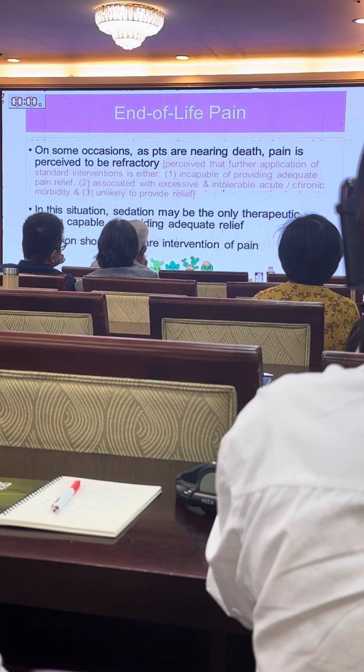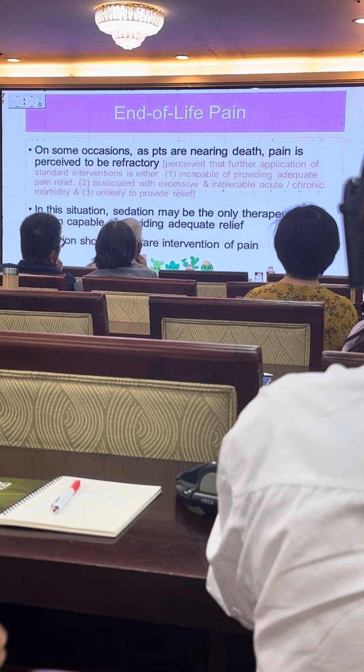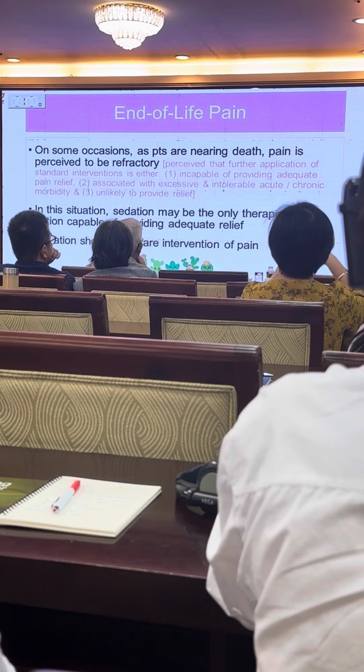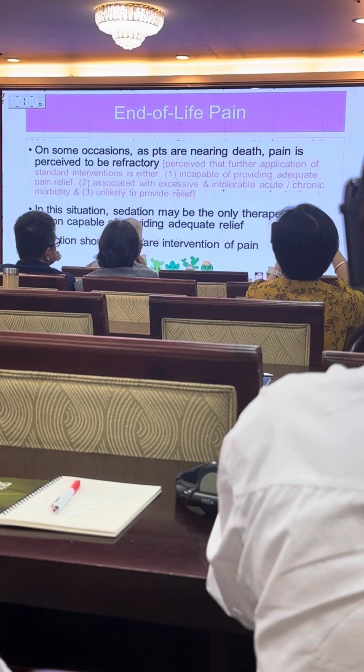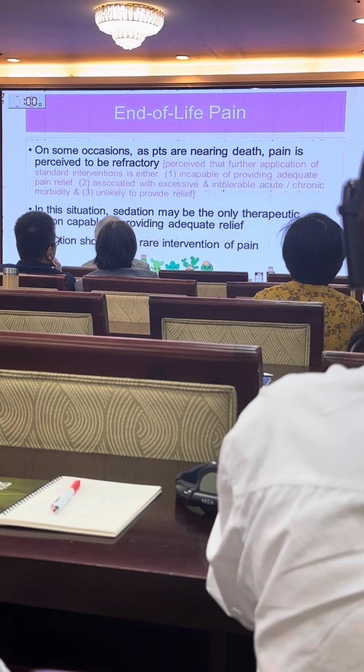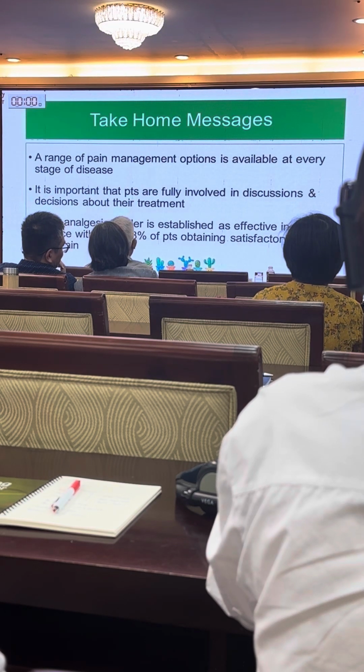In this situation, sedation may be the only therapeutic option capable of providing adequate pain relief. However, sedation should be a rare intervention for pain. In any institute that uses a lot of sedation to treat pain at the end stage, the WHO recommends doing an audit.